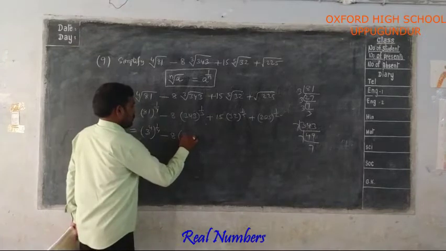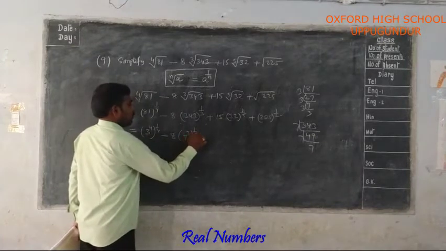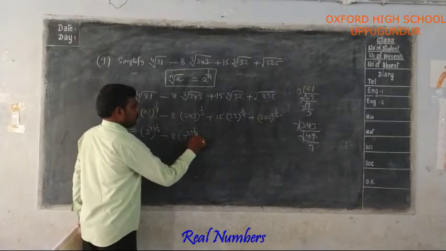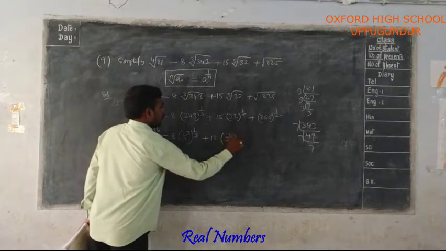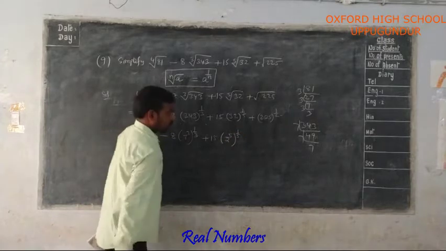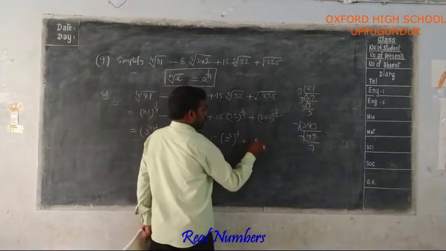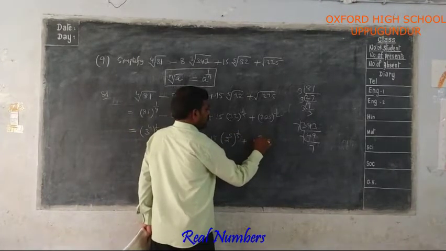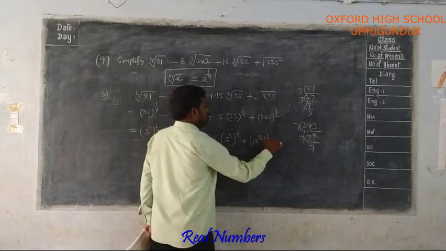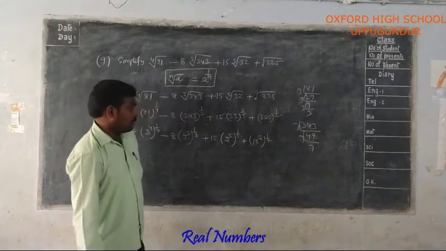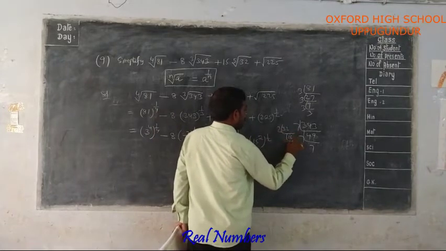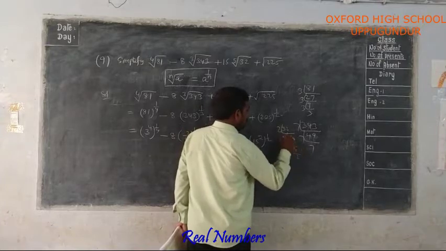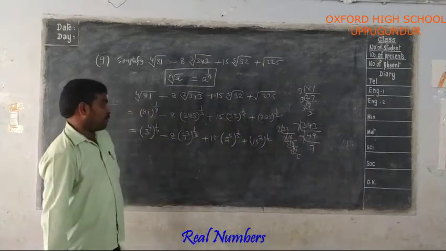So this you can write as 7 cube whole power 1 by 3, plus 15 into 32, you can write 2 power 5 whole power 1 by 5, plus 225 you can write 15 square whole power 1 by 2. The prime factorization of 32 is 2 16s, 2 8s, 2 4s, 2 2s. Like this you can write 2 power 5.